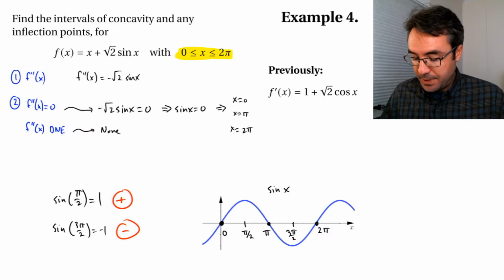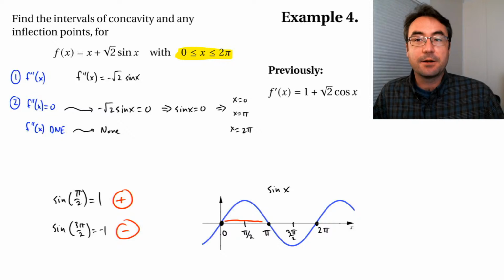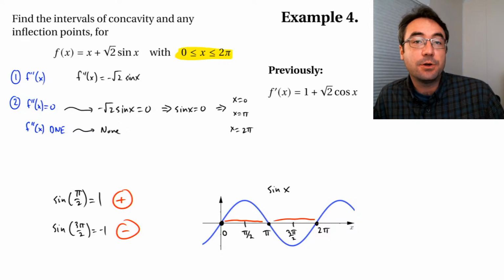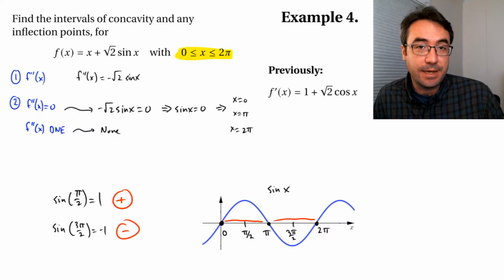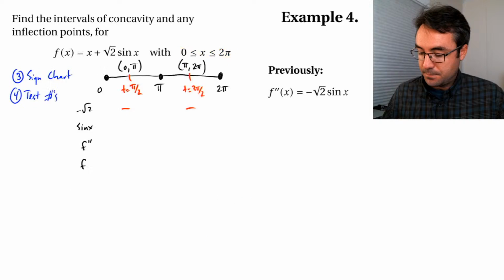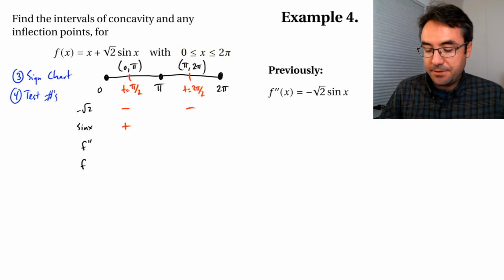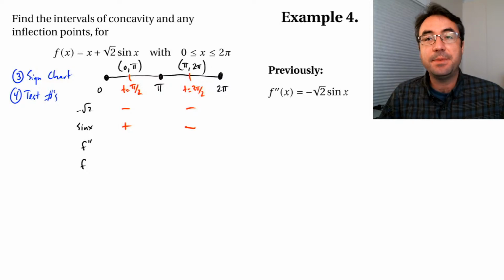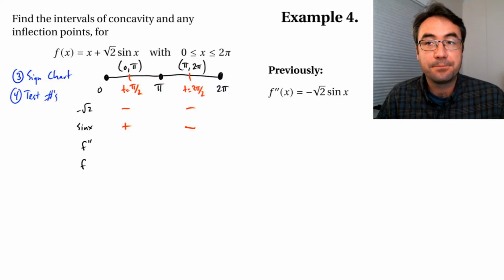So in between 0 and pi, our sine function is positive. And then in between pi and 2 pi, our sine function goes below the x-axis, so it goes negative. So let's put that in on our sign chart. So we know it's positive in between 0 and pi, and then it's negative in between pi and 2 pi.